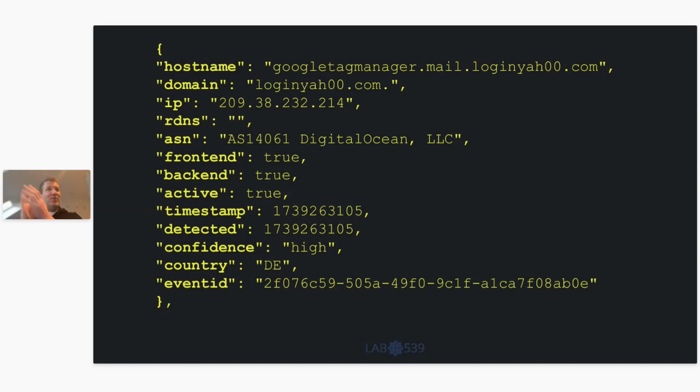Because if you've got multiple front ends and a bunch of back ends, is that one piece of infrastructure or is that 10? So the route we ended up taking to draw some of our stats, and this will be apparent in the next slide, is we took a combination of the domain and the IP address. And if we saw a unique match of those two, we considered it one piece of infrastructure or one record.